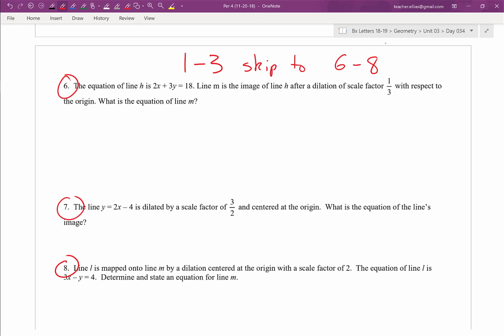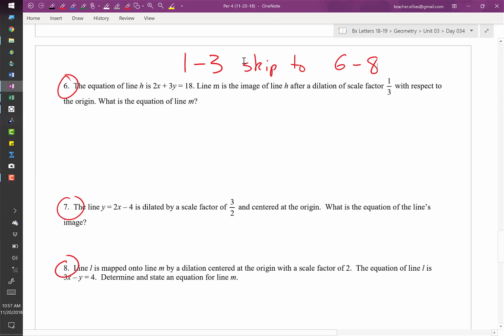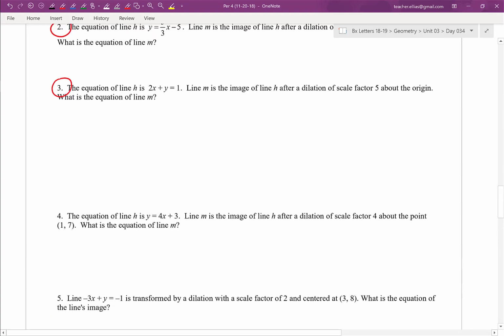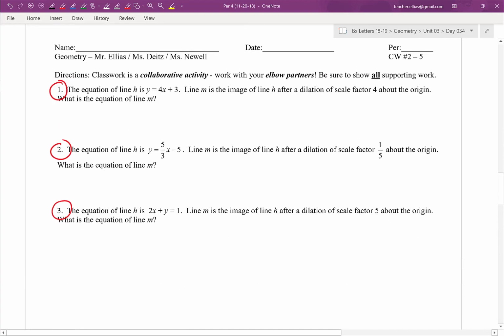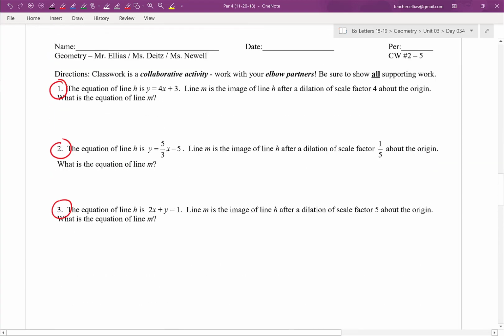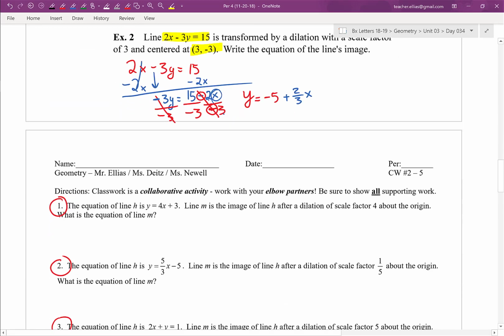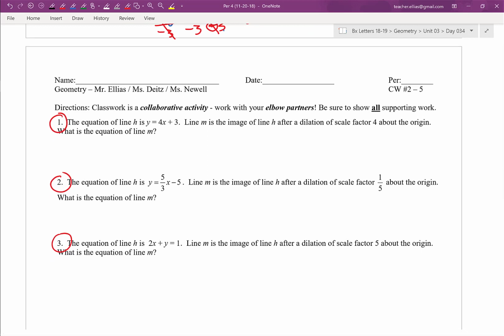She is right. What's different about hers? Oh, the slope. Yeah, so that's the trick. Slopes will always stay the same.